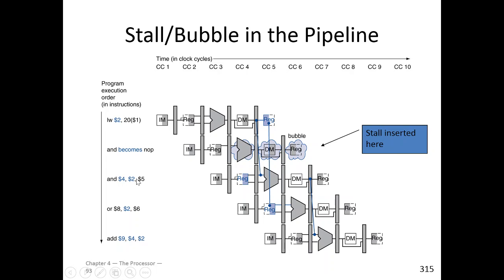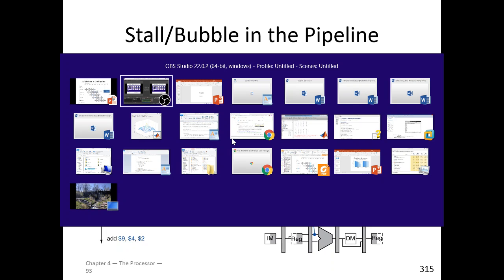It ought to have detected this earlier, because you can see right here, load word is loading into 2, and the and is an anding of 2 and 5 getting loaded into 4, so clearly there's a dependency. So it ought to have detected this, but because your peers asked a good question on this, and to go along with the drawing here, how does and become no-op? Well, let's treat it as an exception. So let's go to the text, and I'll show you how it treats it as an exception.